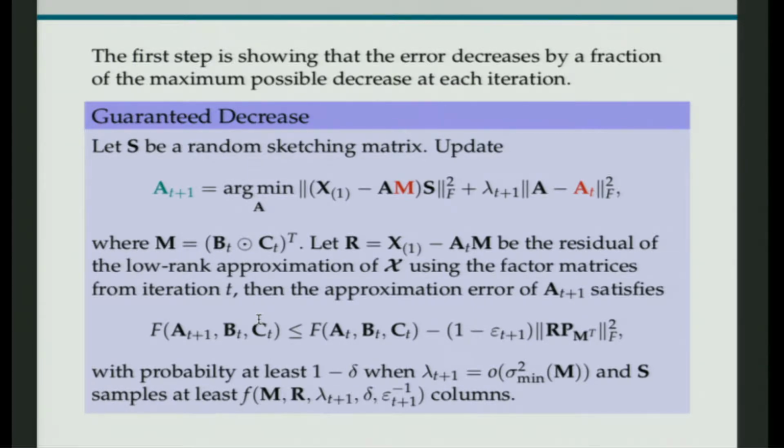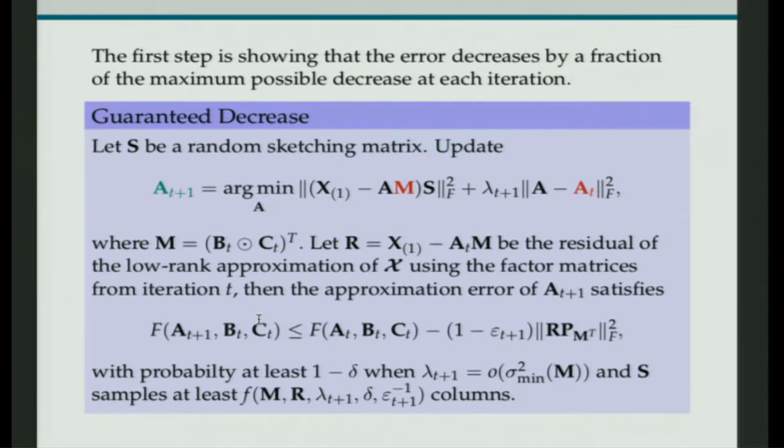Okay? And of course, the number of samples that you need depends on your system, your residual, your regularization parameter, your failure probability, and how much of that decrease you want. Okay?